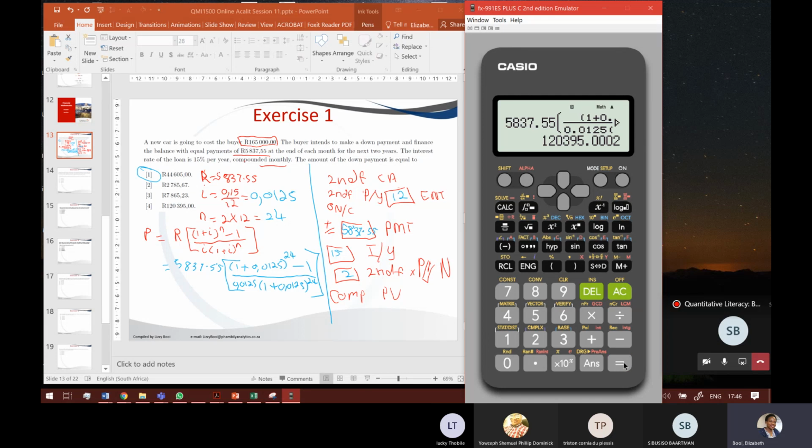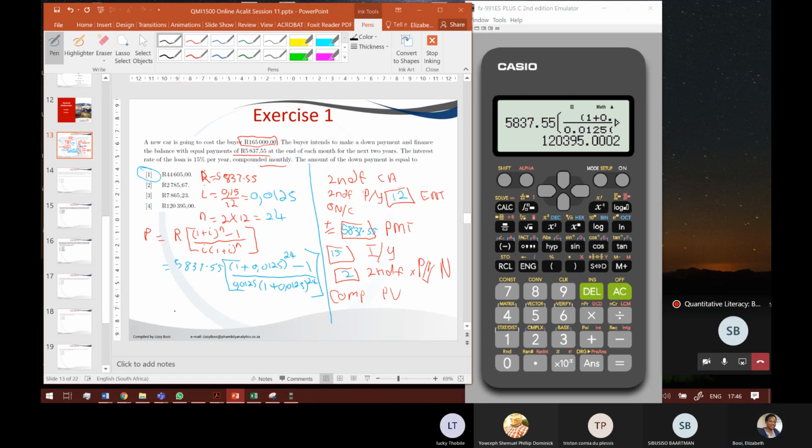And when you press equal, it will give you the answer of 120,395. And we need to subtract that from 165,000.